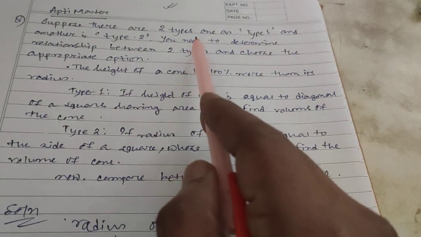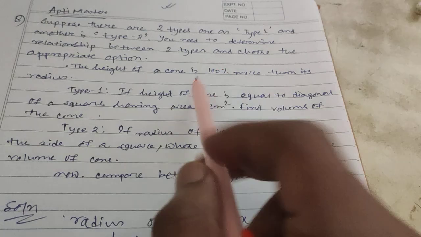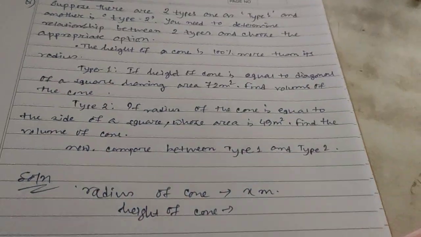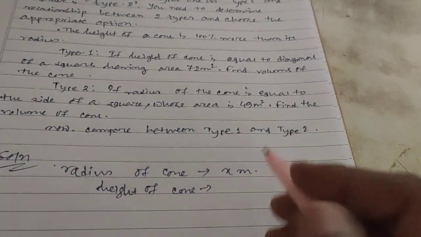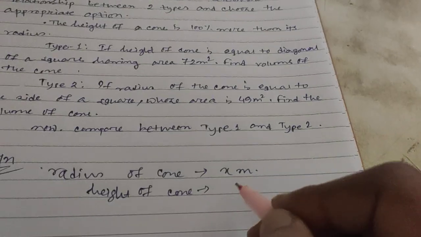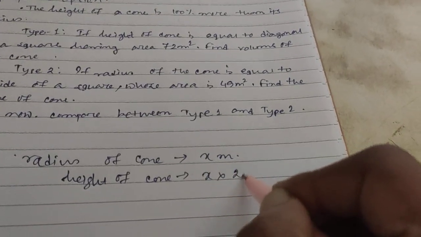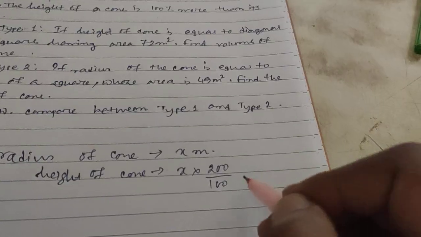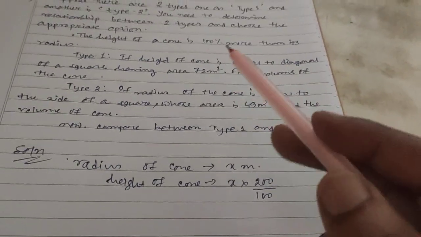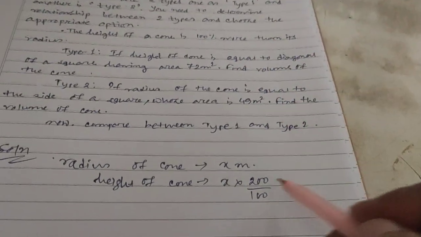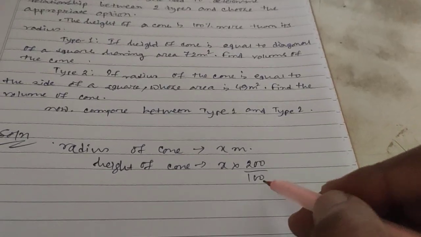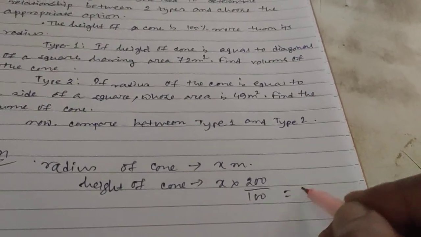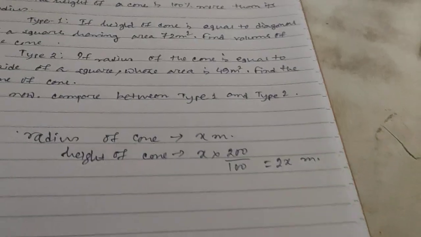You can see that, right? The height of the cone is 100% more than its radius. So the height is x multiplied by 200 by 100, as 100% more means 100 plus 100, 200 upon 100. So the height will be 2x meter.